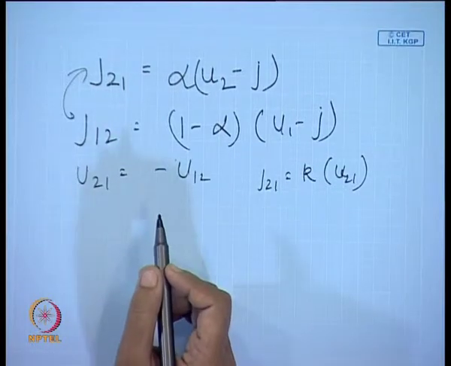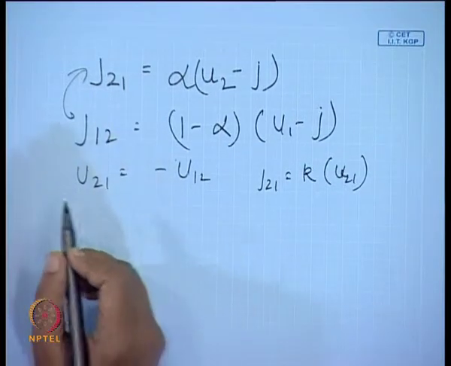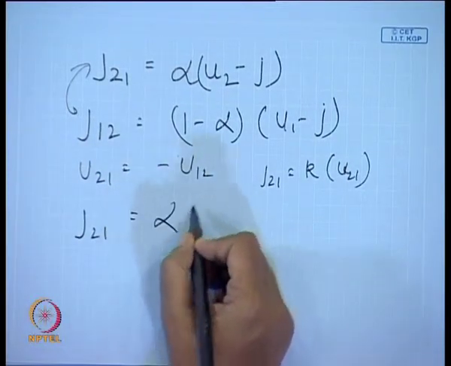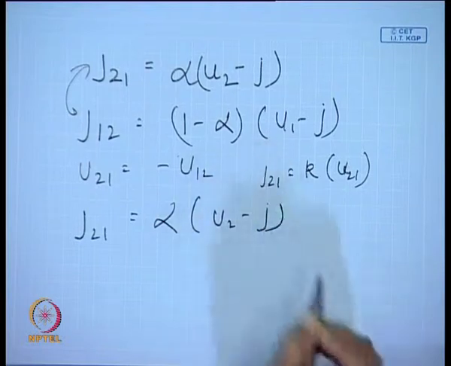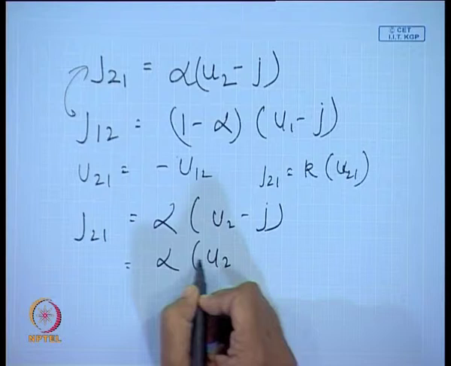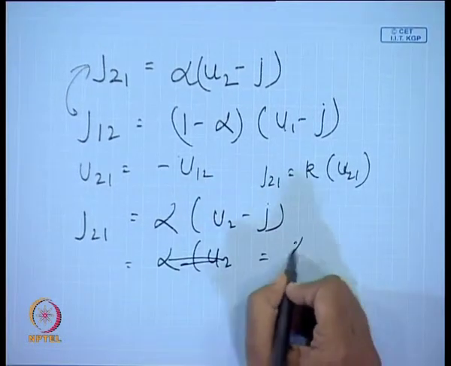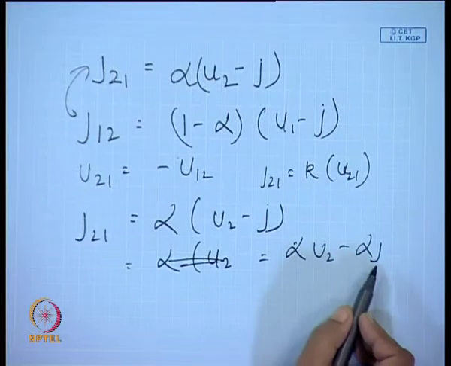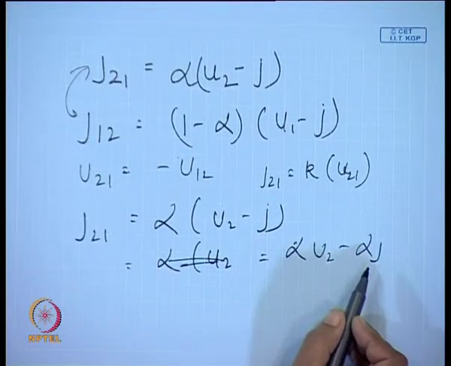Now, again let us start from the basic definition and let us see how we can do it. J21, as I have already defined, is alpha into u2 minus j. Okay. We can just write it down as alpha u2 minus alpha j, is not it? This j is nothing but j1 plus j2.